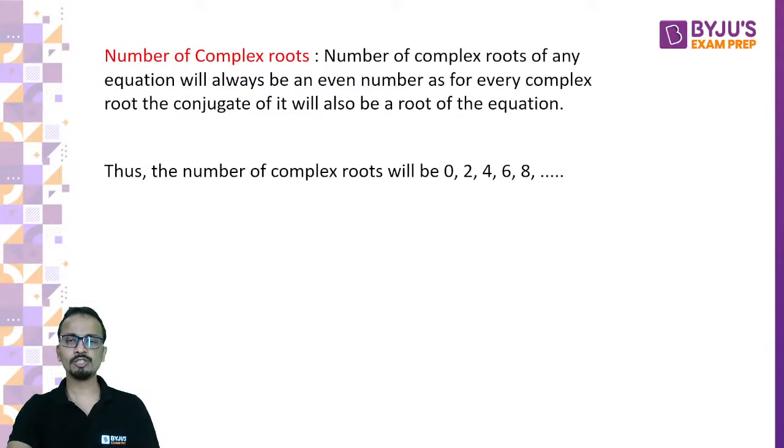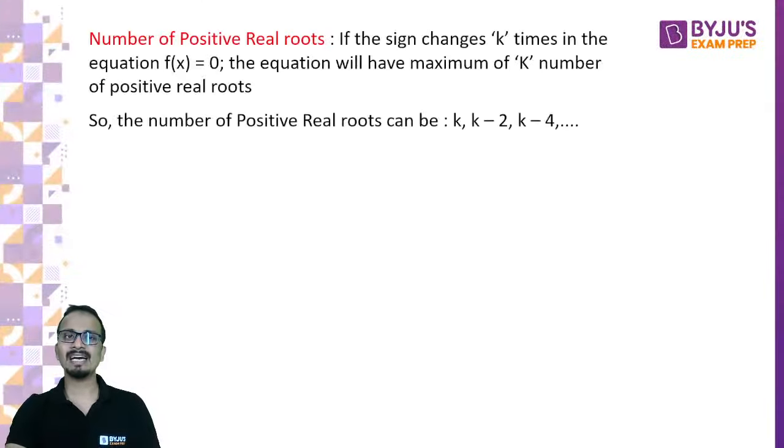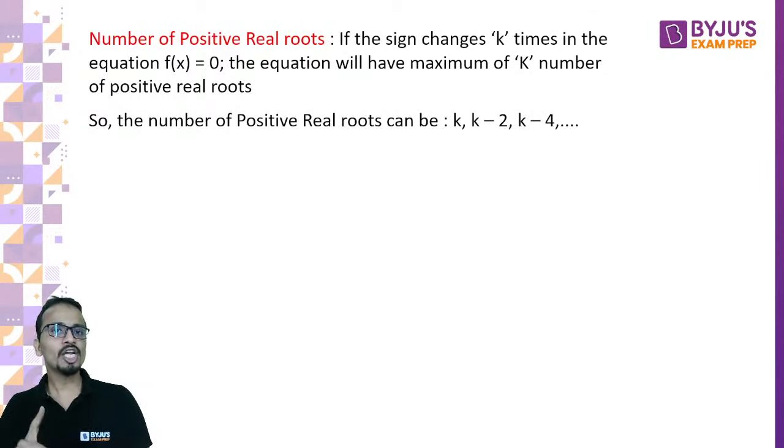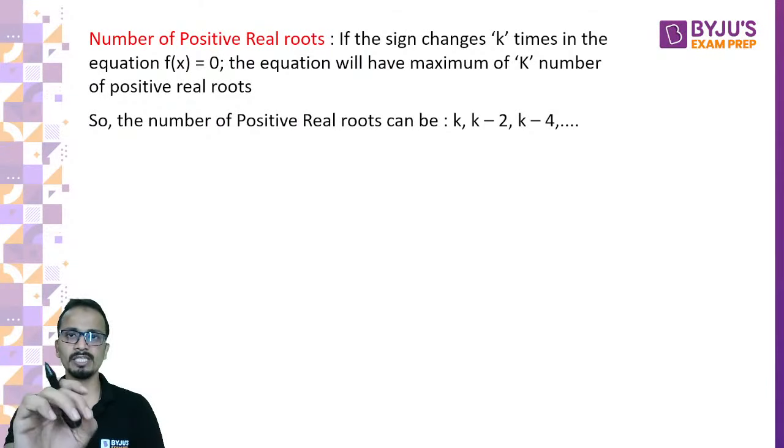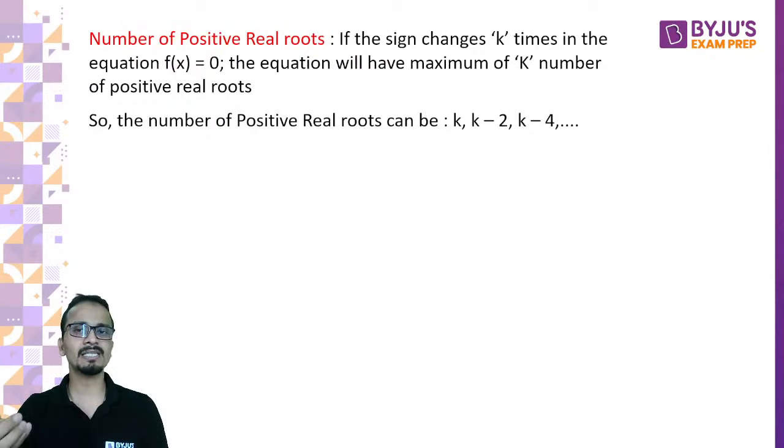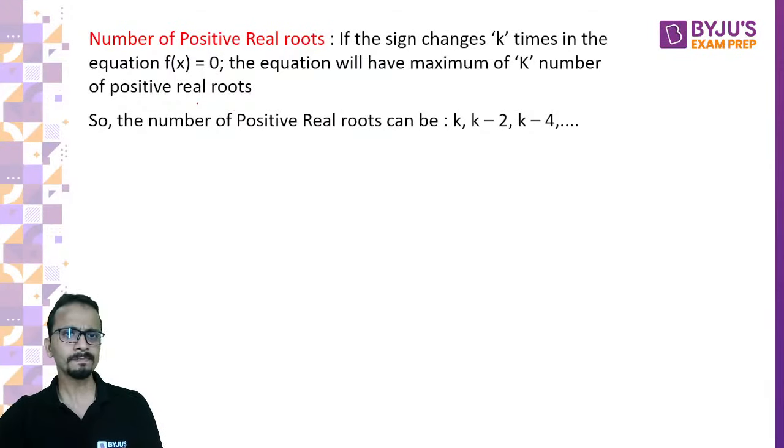Now let's move ahead and talk about the number of positive real roots. You might not be able to understand with this explanation, but as soon as I take an example, you will definitely understand. Please don't worry about this definition; the ultimate thing is the practical point. The number of positive real roots: if the sign changes k number of times in the equation f(x).